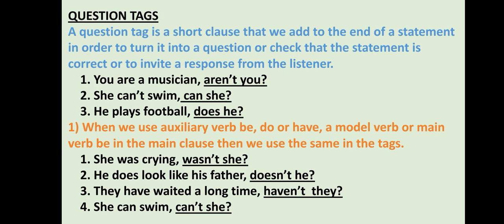In the third example, they have waited a long time, haven't they? Here, the auxiliary verb is have, and the same is there also in the tag. Example number 4, she can swim, can't she? Here the modal verb can is there and we can see the same also in the tag.